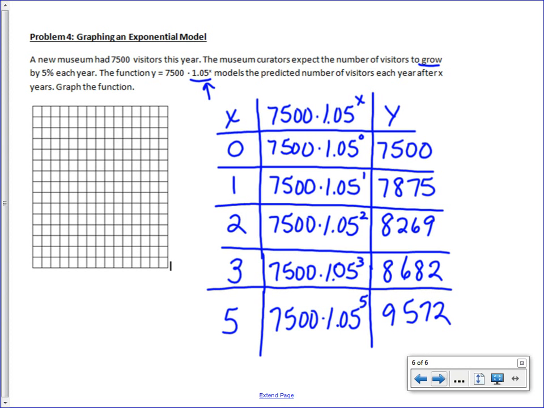X represents the year. We'll just call it number of years. All right, so let's see. I think I can skip every other one. There's 1, 2, 3, 4, 5. All right. On our vertical axis, or our y-axis, we're going to have the number of visitors.